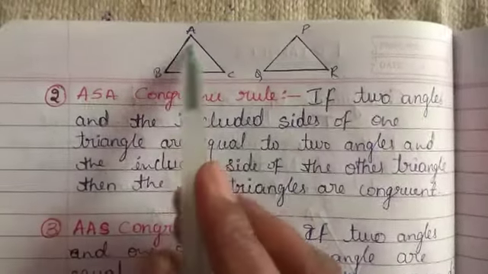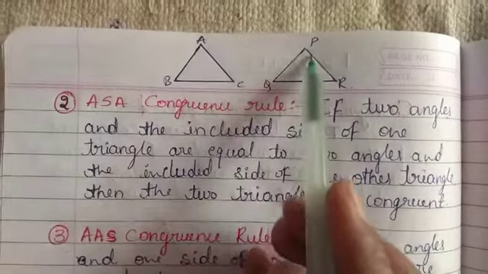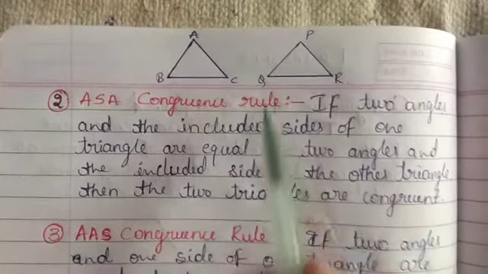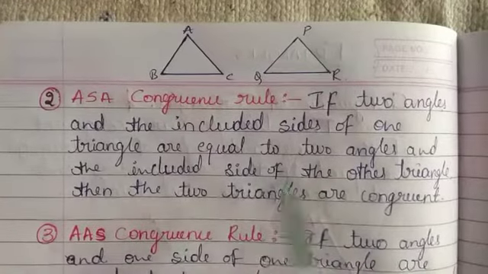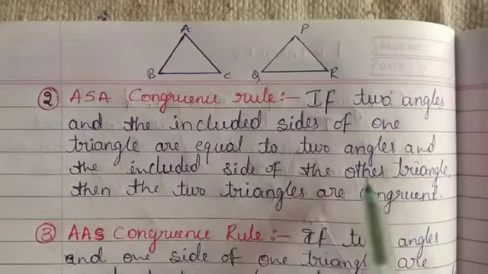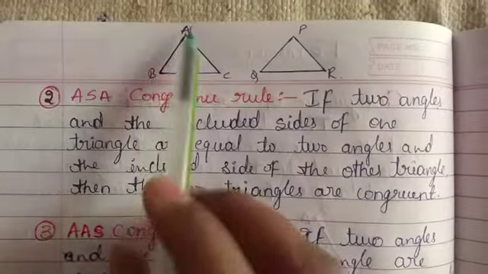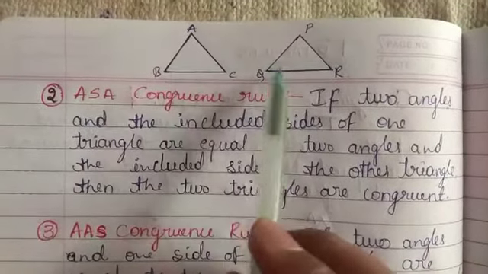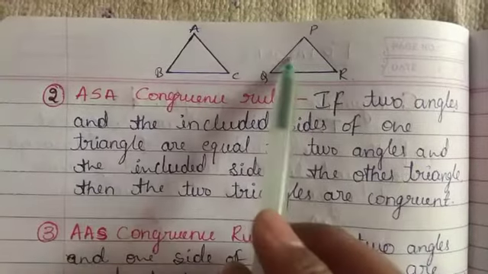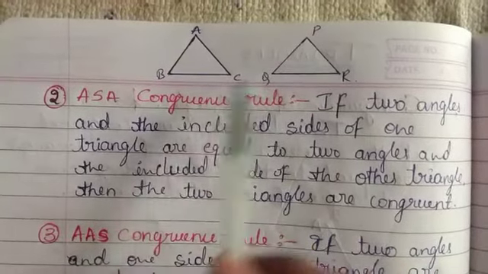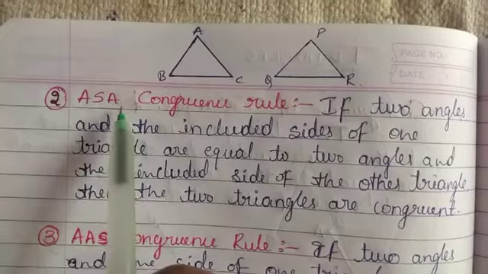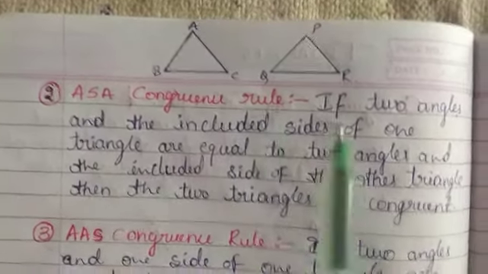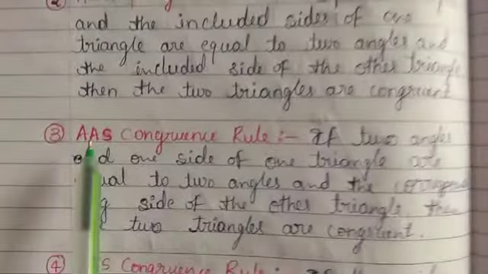Two angles means angle A is equal to angle P, angle B is equal to angle Q. And also the included side, AB is equal to PQ. Two angles are equal and the included side is also equal. Then I can say by using the ASA rule, these two triangles are congruent.